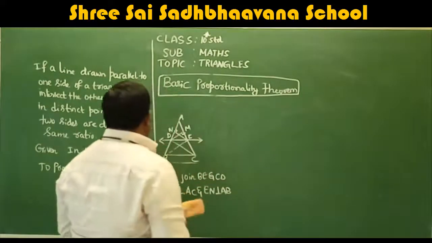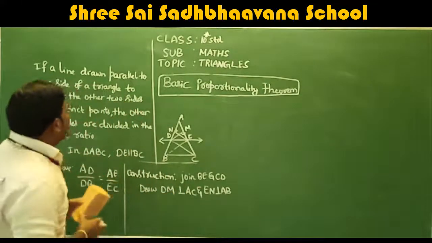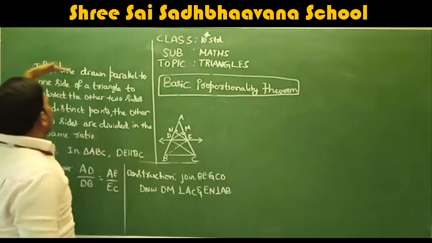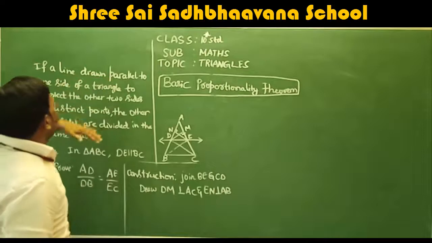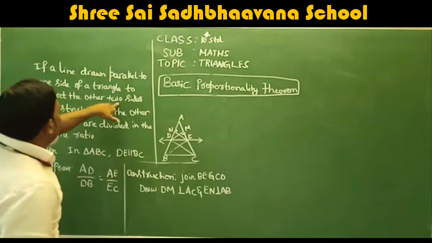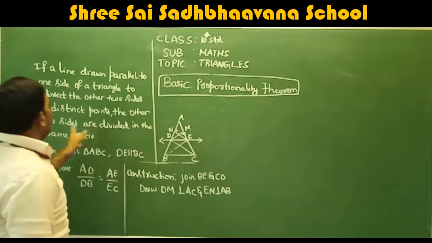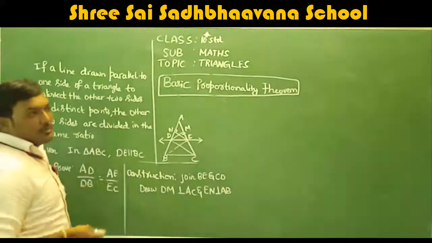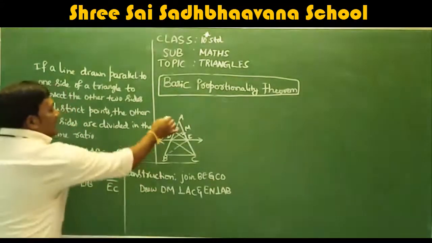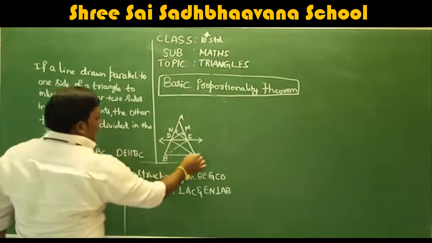Next, we will go to the theorem statement. What is the statement? If a line is drawn parallel to one side of a triangle to intersect the other two sides in distinct points, the other two sides are divided in the same ratio. For example, let me take a triangle ABC.